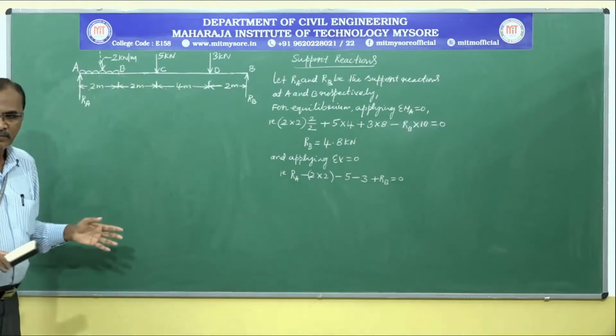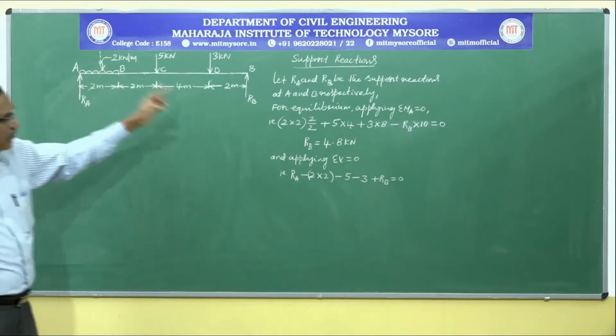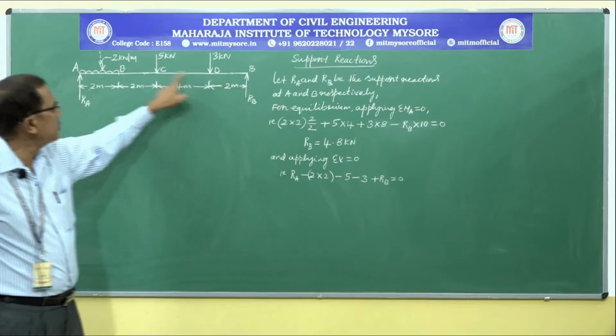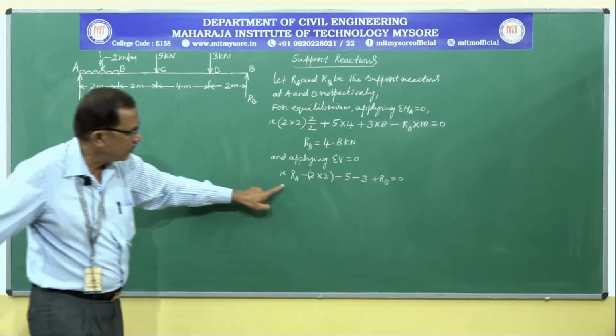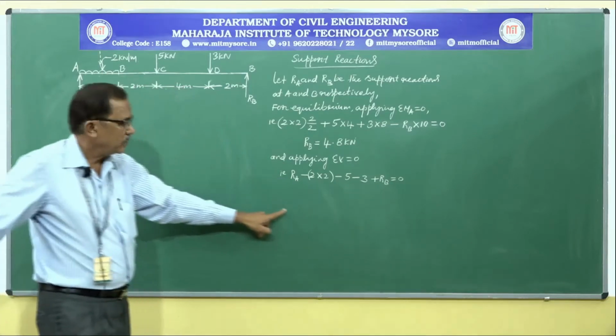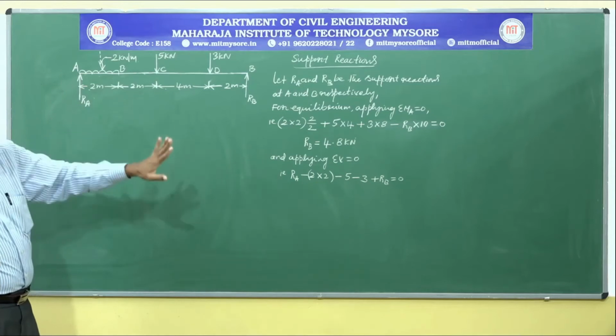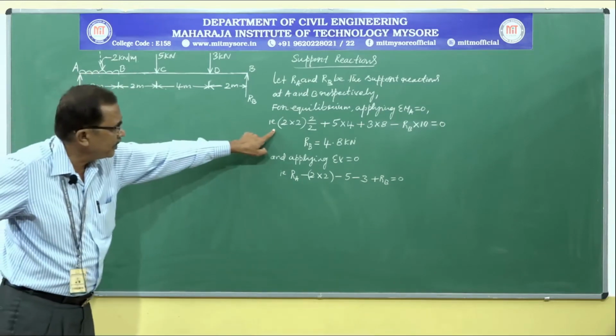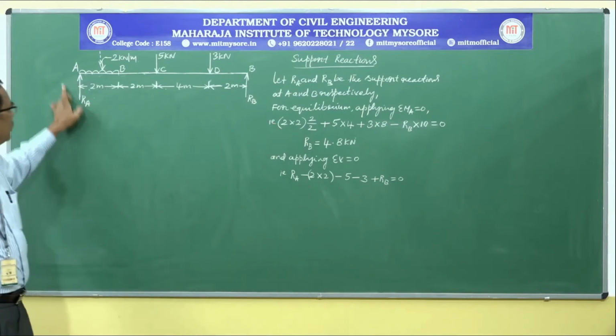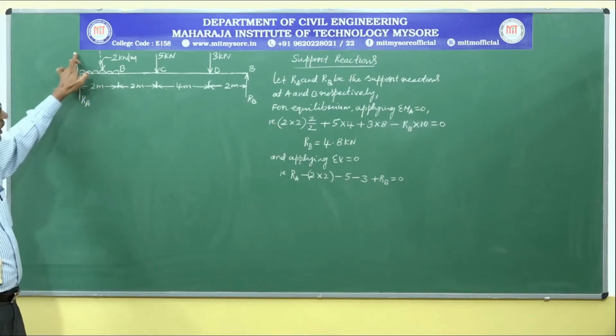Here, see, in the previous step we wrote only 4 forces and their corresponding distances, whereas here we have written all the 5 forces, so that there shall not be any confusion. In the first step, when we applied the moment equilibrium condition, we did not consider the moment due to RA, because RA will not create any moment.